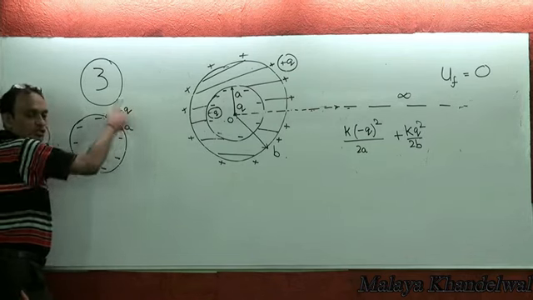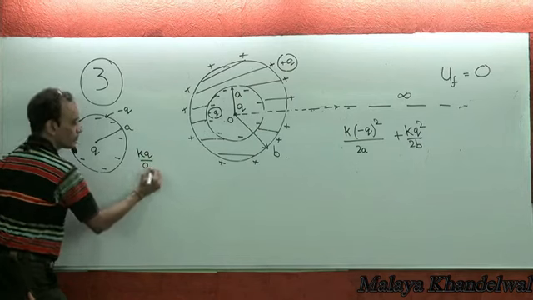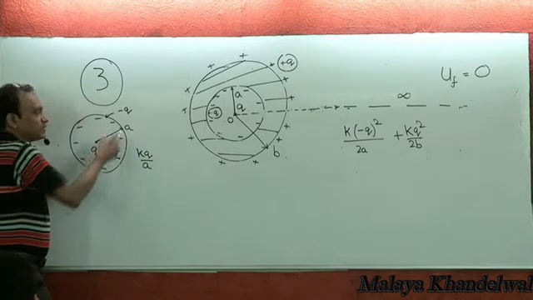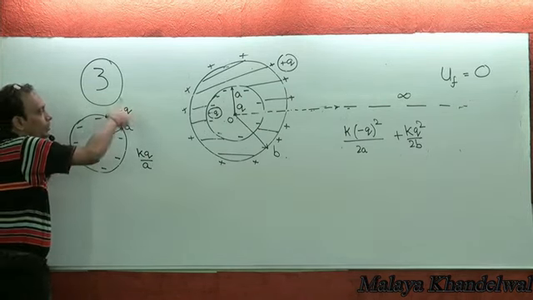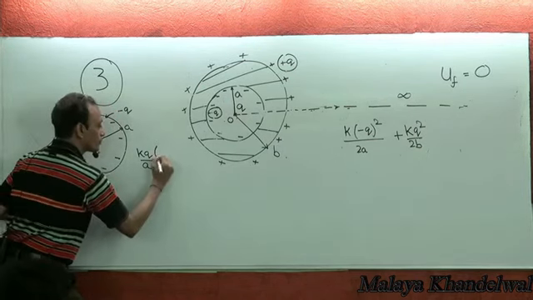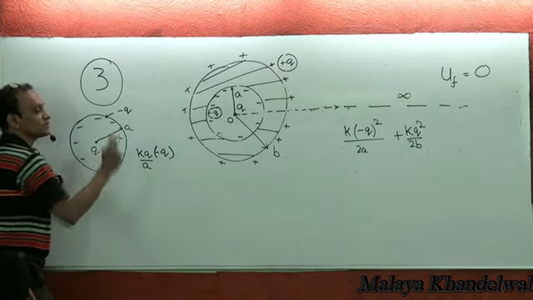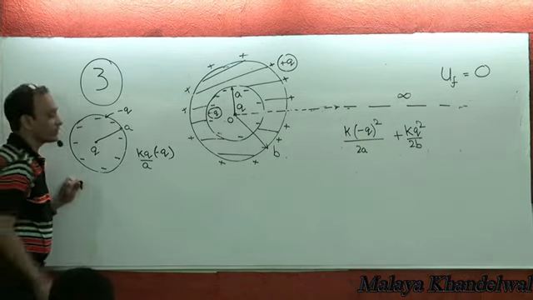What's the potential on this because of Q? KQ by A. Right? KQ by A is the potential on this because of this, into the charge minus Q. That's going to be the interaction energy of this Q and this minus Q. Yes or no?